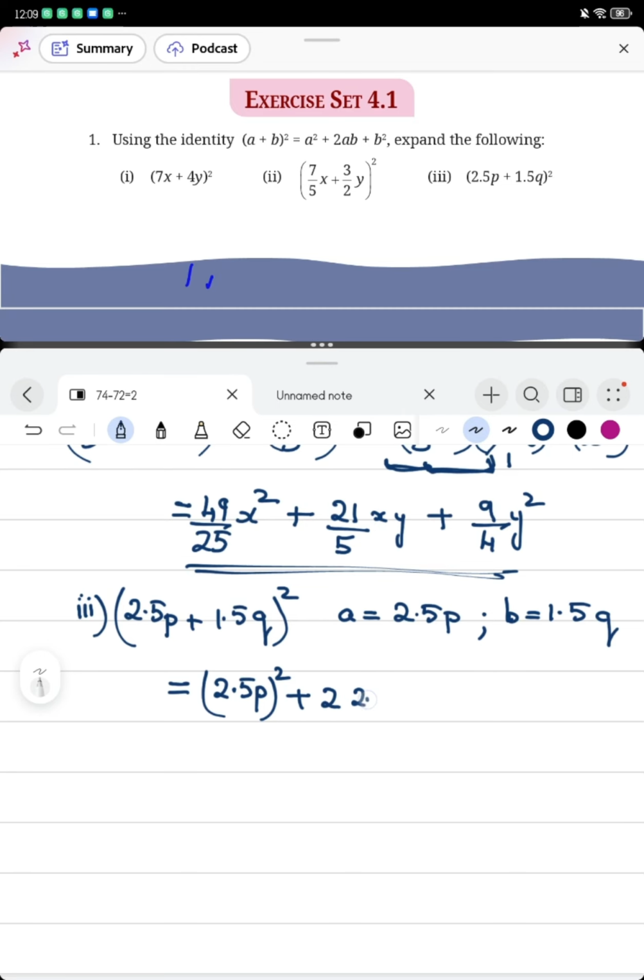A is 2.5p and b is 1.5q. So 2ab plus (1.5q) whole square. So this is going to be 2.5p, we have to square that. So we all know 2.5 into 2.5, we already know 25 square is 625. But some students don't know how to do the multiplication of decimal numbers.